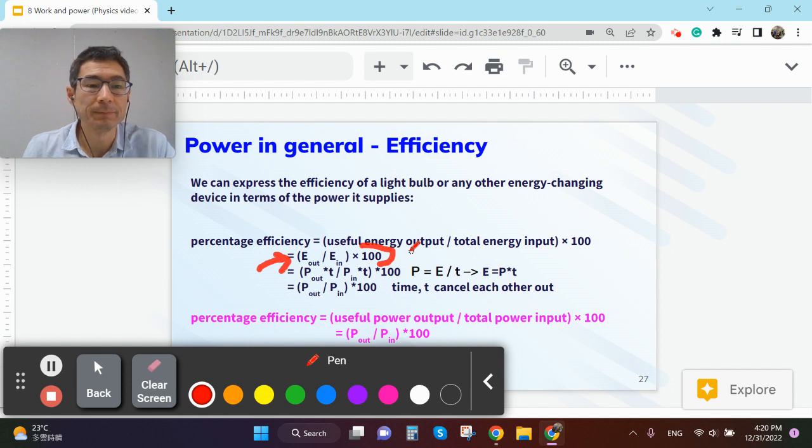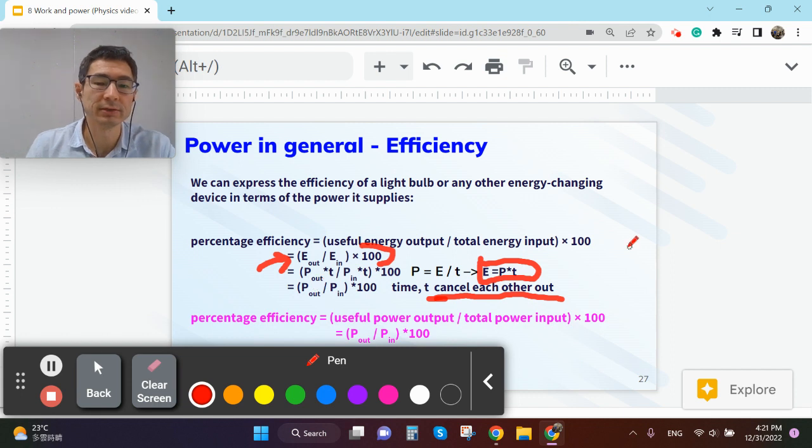I can now use power instead of energy, because power equals energy divided by T. Instead of energy, I can use power times T. So power out times T and power in times T. In both cases the time is the same, so they cancel out.